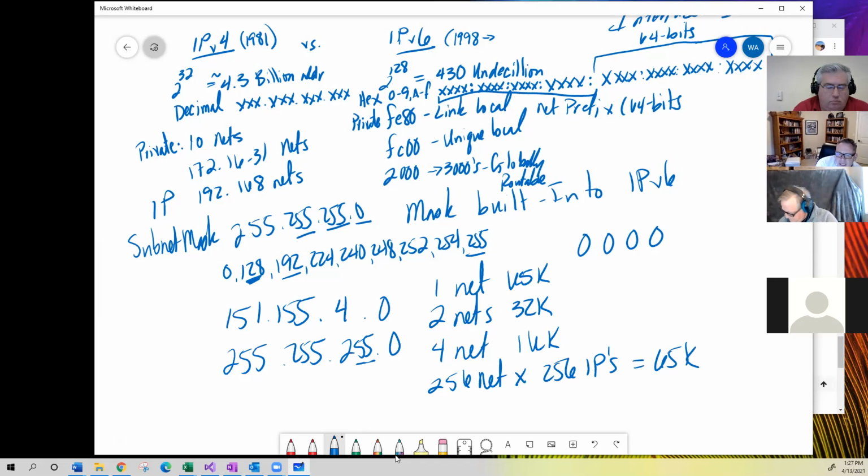So 256 networks or subnets times 256 IP addresses per subnet, 254 usable, that equals 65,535. So this mask was changing the number of networks or subnets, and it was changing the amount of IP addresses per subnet.